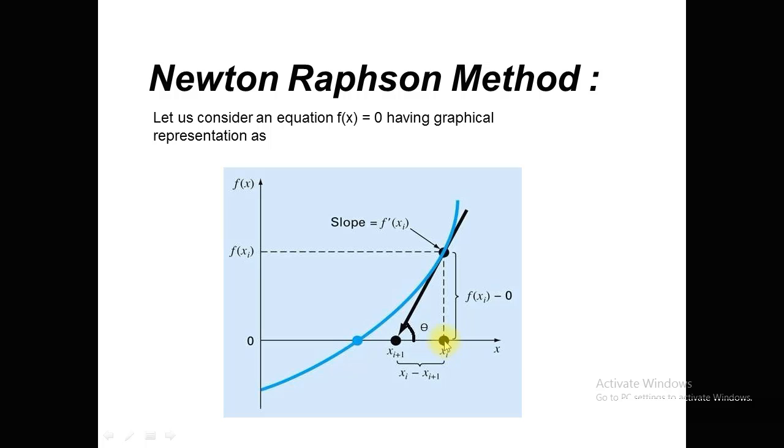Here is the point on the x-axis xi, and another point on the x-axis xi plus 1. So the difference of these two points is xi minus xi plus 1, and the difference on the y-axis for the slope is f of xi minus 0, and this is the inclination of the function. Theta is the inclination of the function, and this is the slope of the function.